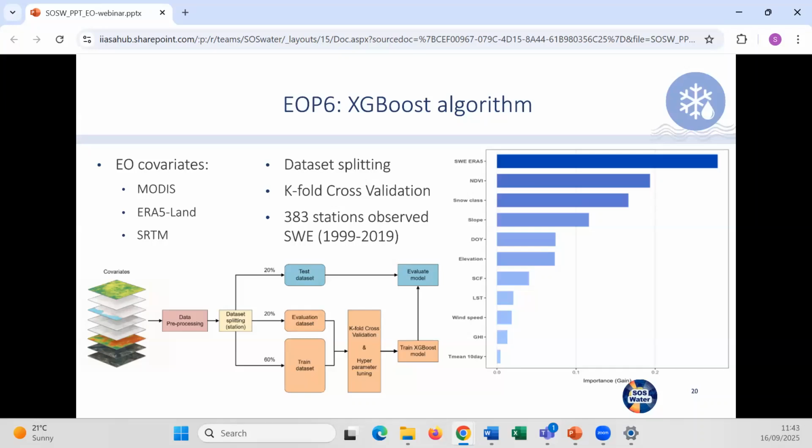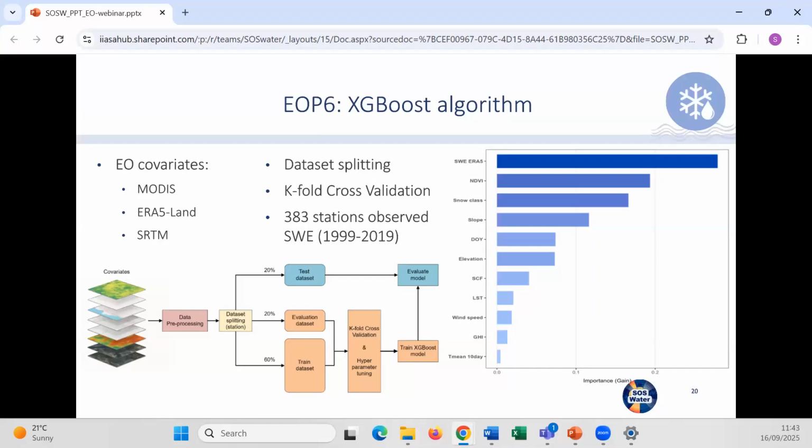After data pre-processing and cloud masking, we split the data into 3 data sets based on stations: 20% test, 20% evaluation and 60% train. We performed a k-fold cross-validation procedure to tune the hyperparameters and select the most important features. We trained the model using 383 time series of measured snow water equivalent over a period of 20 years.